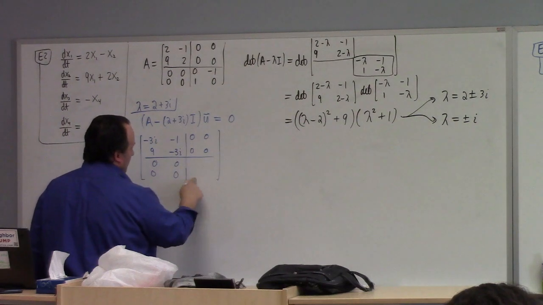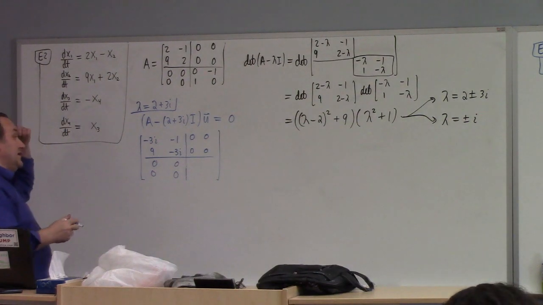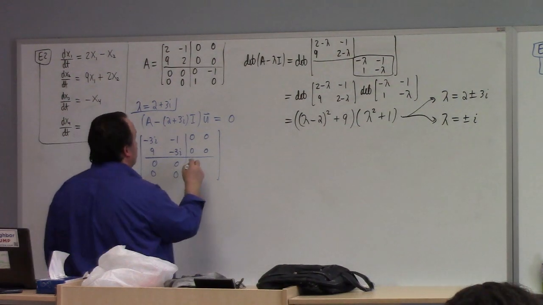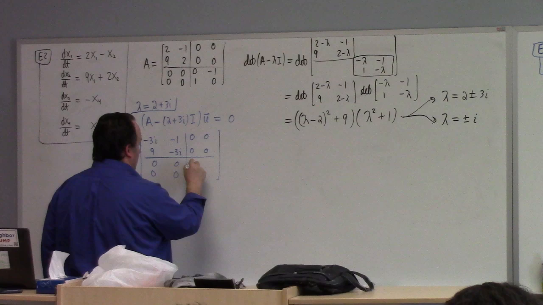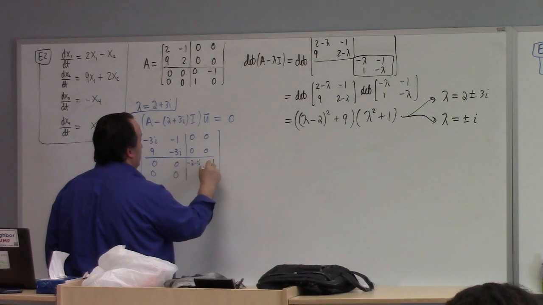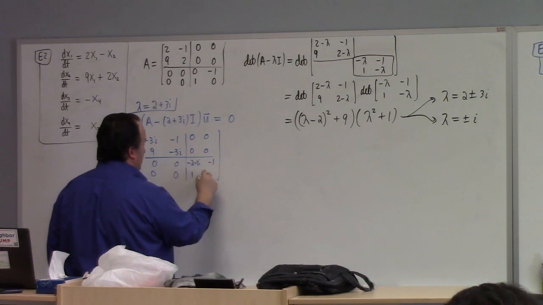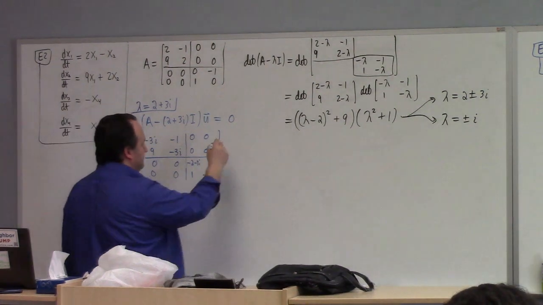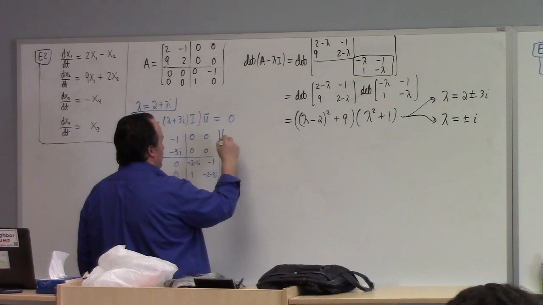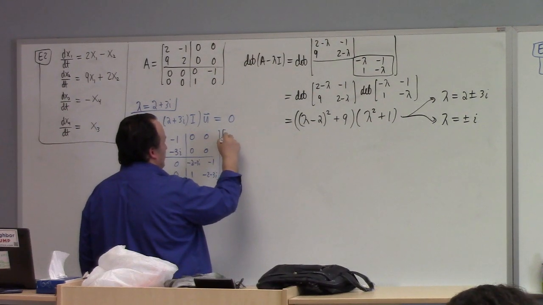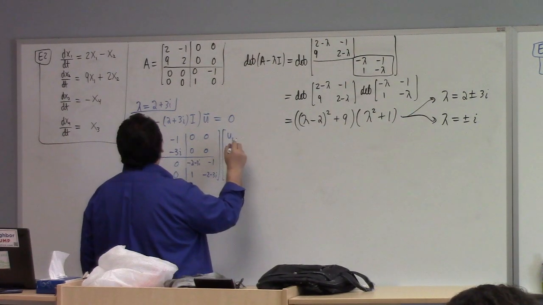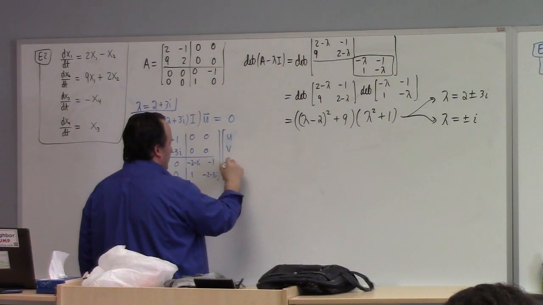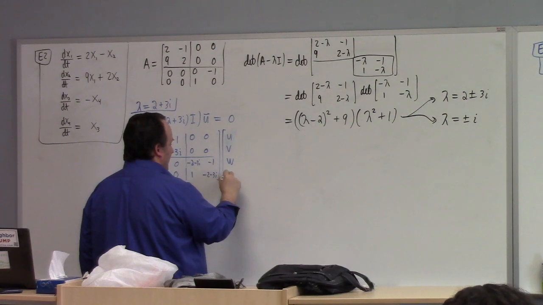And then down here, we get, yeah, it's ugly, isn't it? Minus 2 minus 3i, minus 1, 1, minus 2 minus 3i, right? So we've got all this times my, I guess I'll do u, v, w, upsilon.